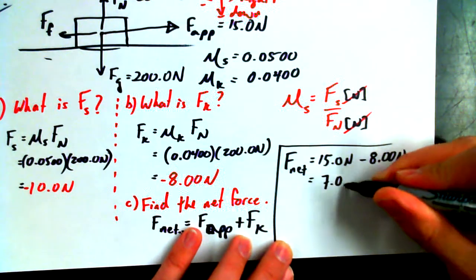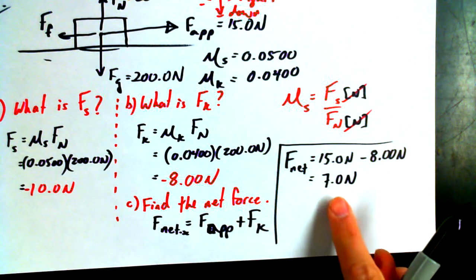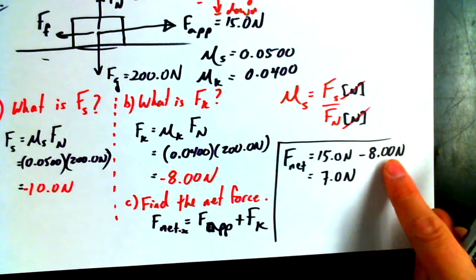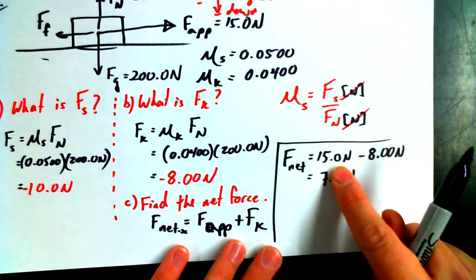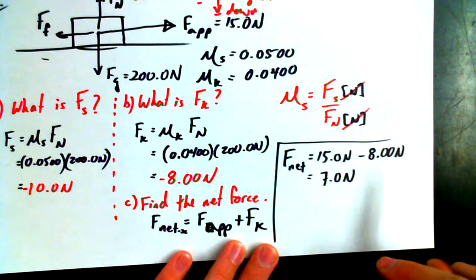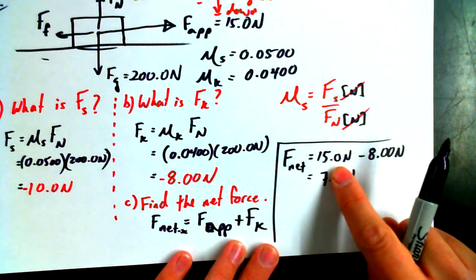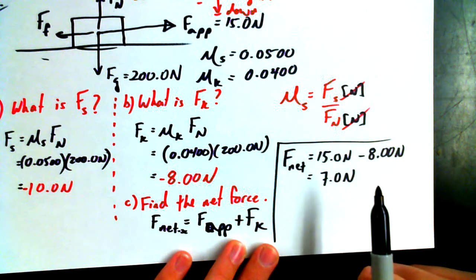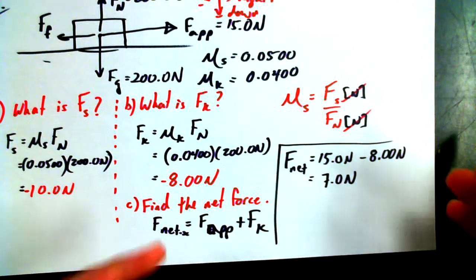Now, if I'm being really good about this, you'll notice that I have two significant figures in this value, but it's because when I do my subtraction rules, there's only one decimal place here, and there's two decimal places here, and when you do addition and subtraction with significant figures, the lowest number of decimal places is what determines how many decimal places will be in the final answer. So just so that you're aware of that, okay?